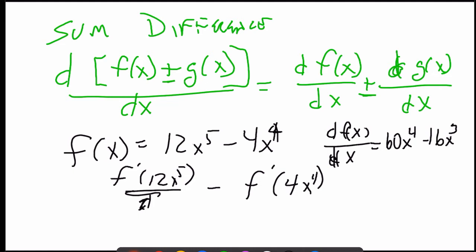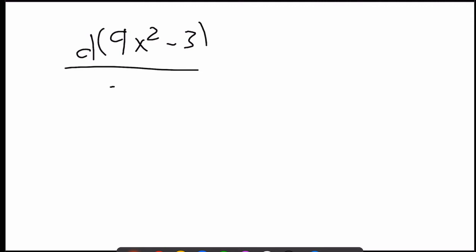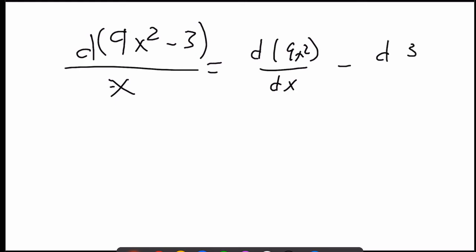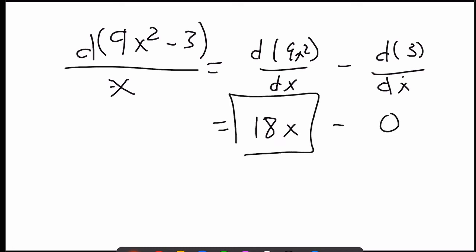You could do a really simple one. Take 9x squared minus 3, and call that y. You break that up, so you're going to do the derivative of 9x squared minus the derivative of 3. Well, that's 18x, that's 0, and that's the answer.